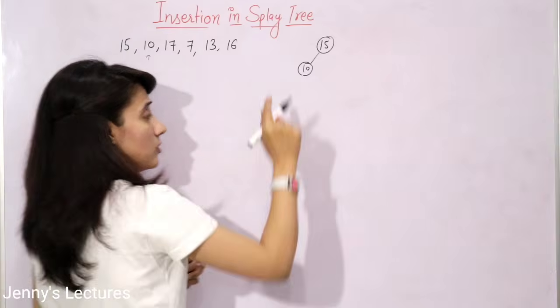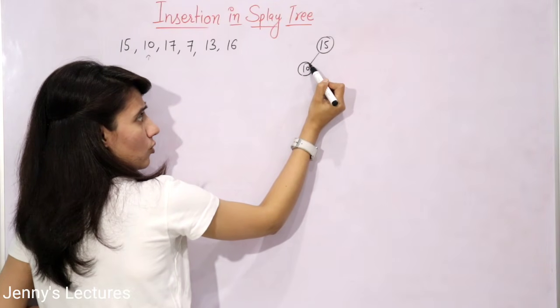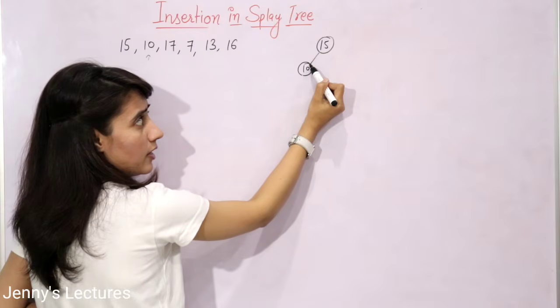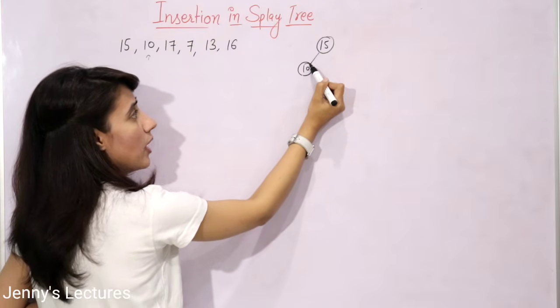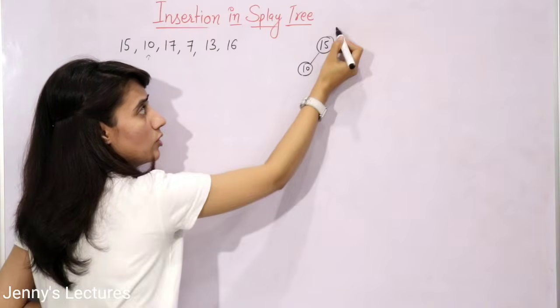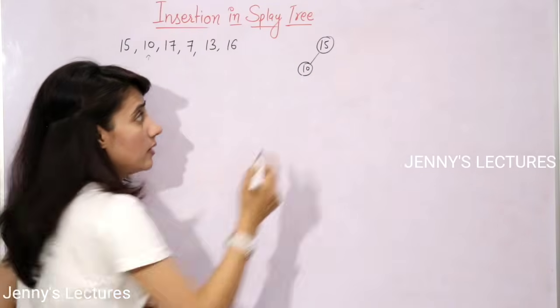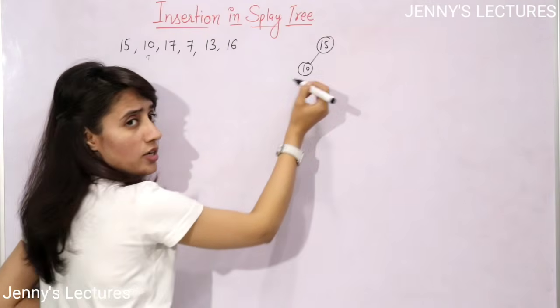How are we going to make this the root of the tree? What is that splaying operation? Check whether the node on which you want to do the splay operation has only a parent, and the parent is the root. This means it does not have any grandparent, so this is a zig situation. Now check whether it is a left child or a right child.